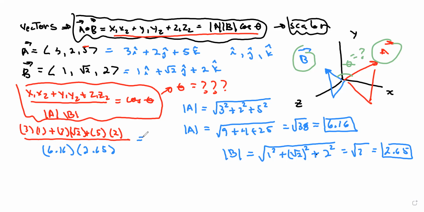And that's going to be equal to the cosine of theta. If we do the numerator, it's going to be 3 plus 2 times the square root of 2, which is 2.83, plus 10, divided by 16.32, and that's equal to the cosine of theta.